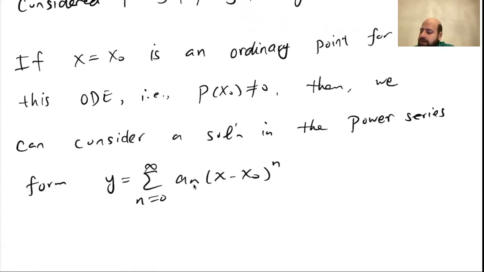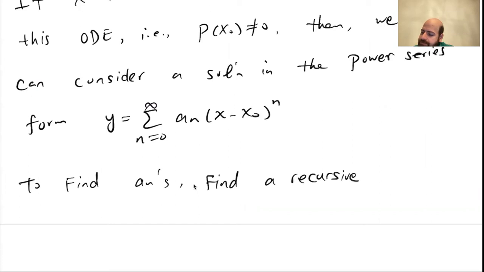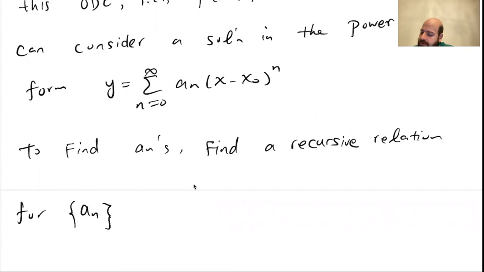How do we find the coefficients a n? To find the coefficients a n, we find a recursive relation for a n. And how do we find the recursive relation?